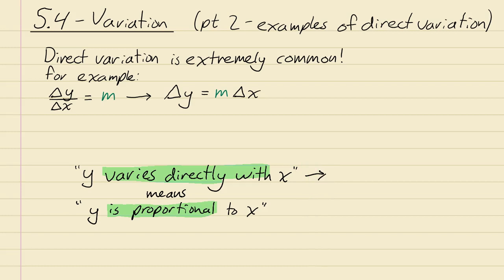Just remember what that is. It means you can write it as y equals k times x, where k is a constant. So in this case, the change in y is directly proportional to, or varies directly with, the change in x.